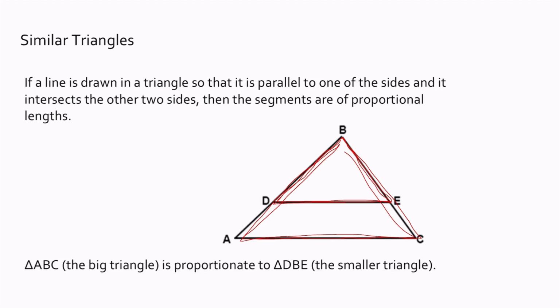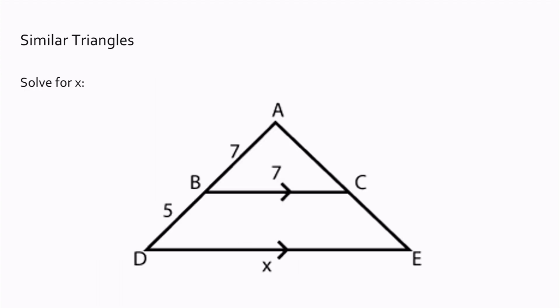And we can use that information as well to help us find information we don't know. So let's take, for example, here, right? I have a small triangle here, and then I have the big triangle here. And I'm trying to find X, the bottom of the big triangle.